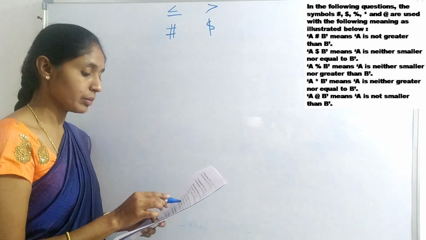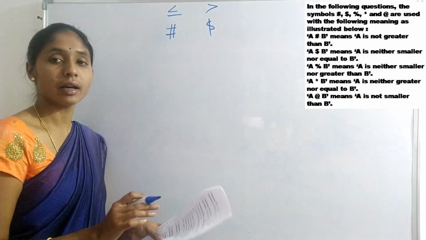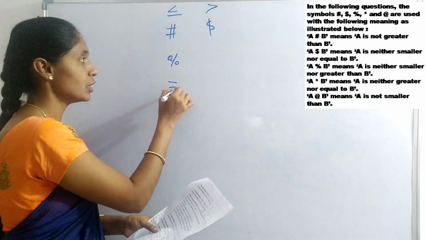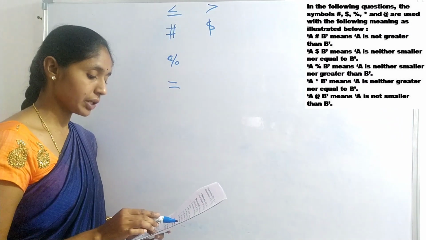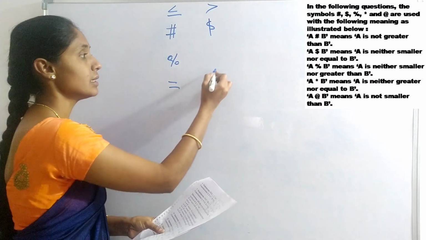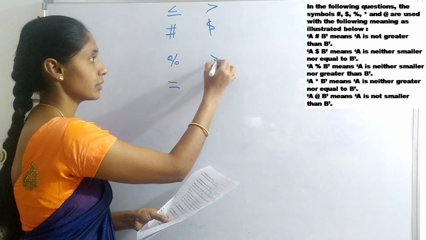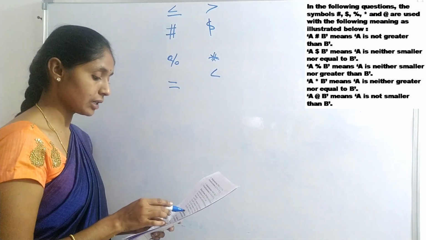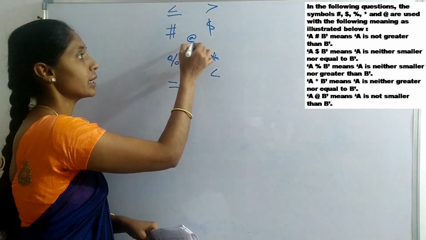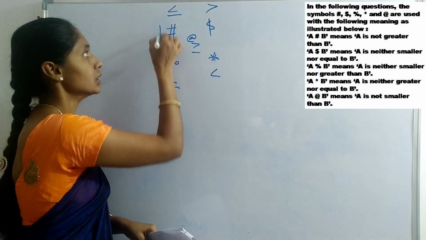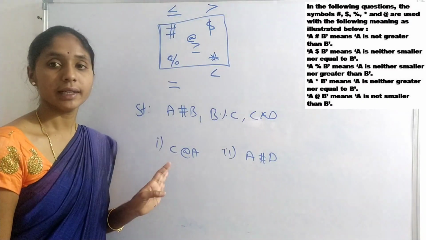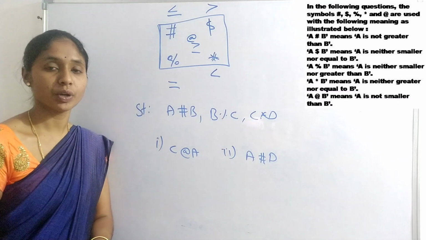A percentile B means A is neither smaller nor greater than, that is equals to. A star B means A is neither greater nor equal, that is less than. And A at B means A is not smaller than B, that is greater than or equals to. These are the coded values. Let me see questions based on these coded values.